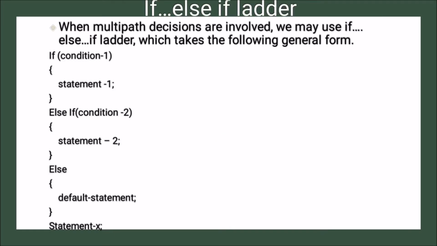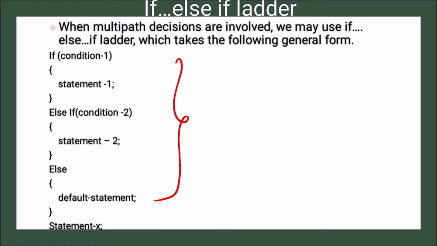So where is the if else if ladder used? When multipath decisions are involved, we may use the if else if ladder, which takes the following general form. When we want multi-path decisions, we use the if else if ladder.